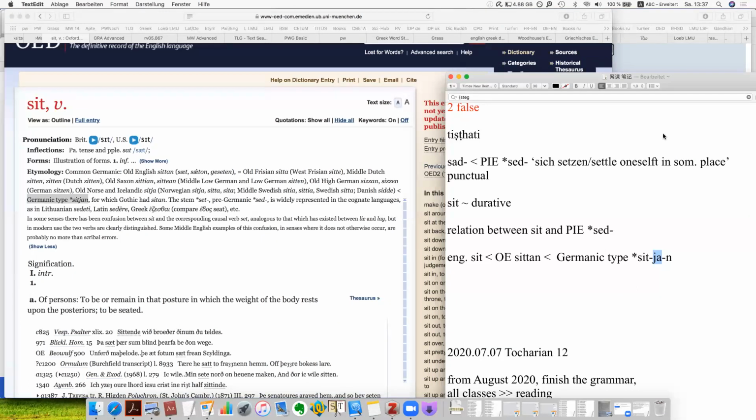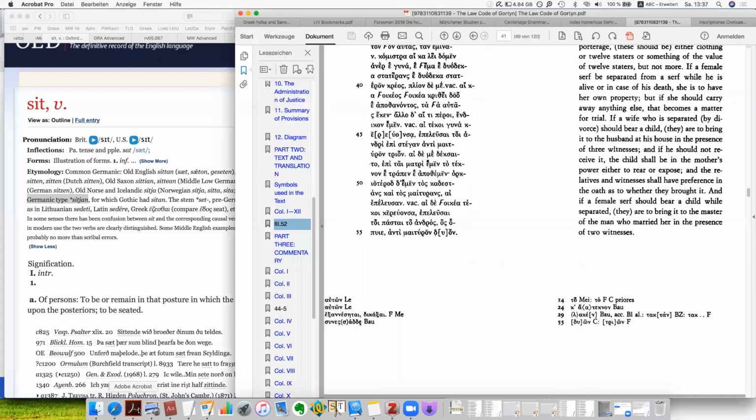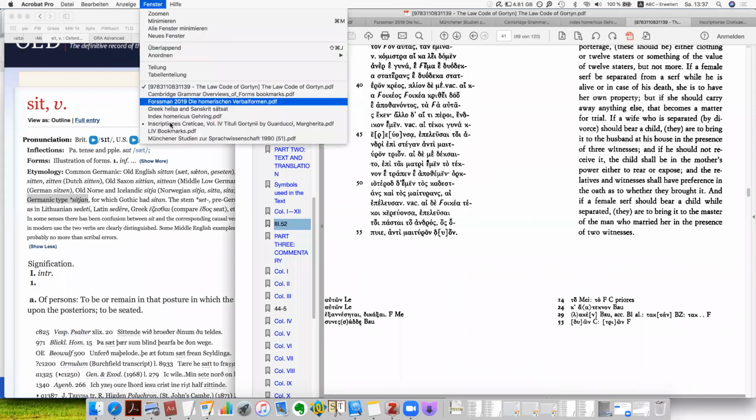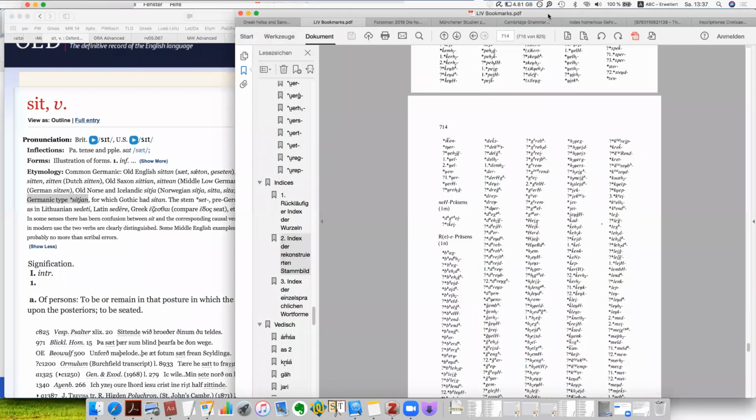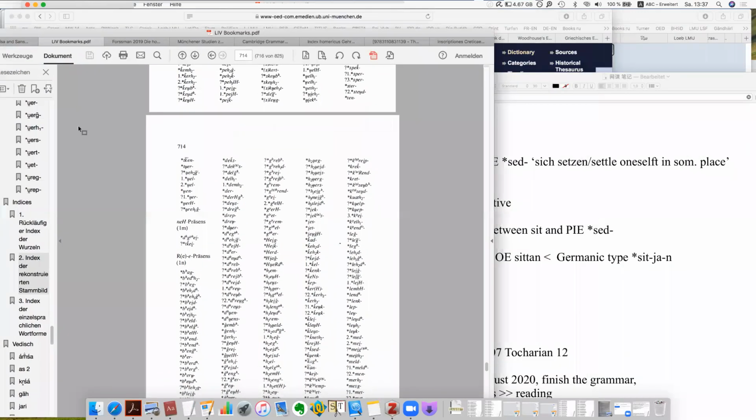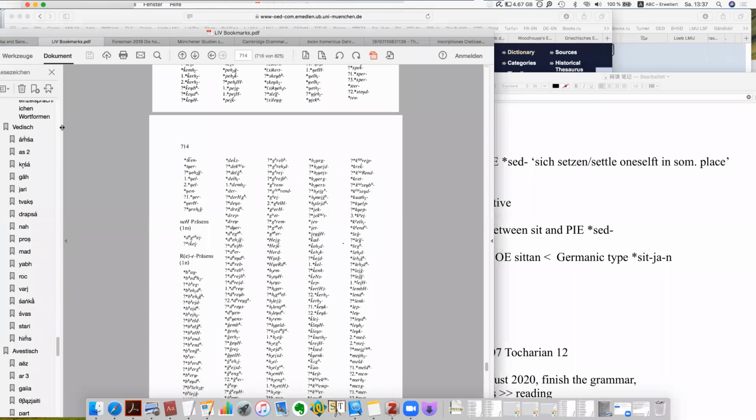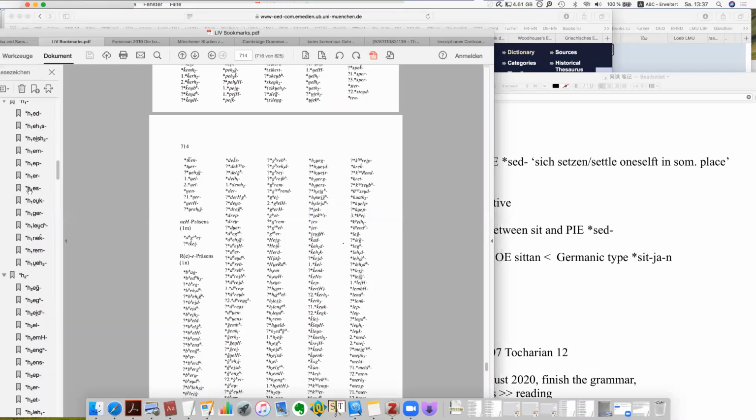Okay, I continue. So we actually know English sit is not a root present. It is actually a ya present, with a ya here. And let's check the dictionary finally.